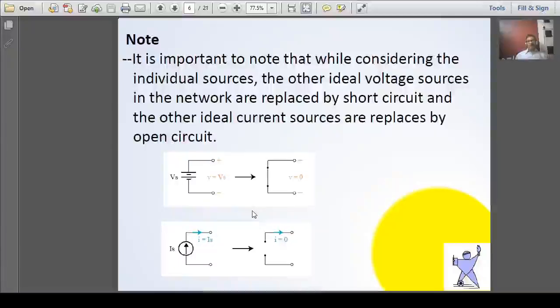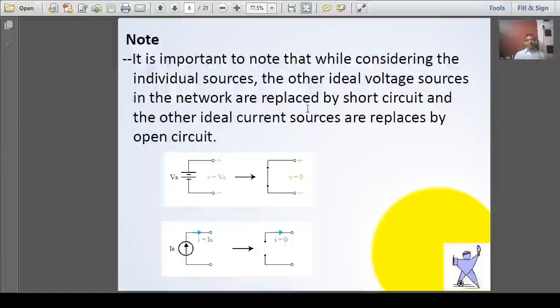Why are we saying other? Because we are considering one voltage source at a time and will consider the other, if present, voltage sources as ideal voltage sources. Similarly, if we are considering current source at a time, then the other present current sources will be treated as ideal current sources.